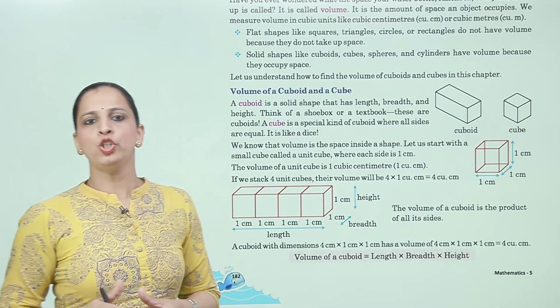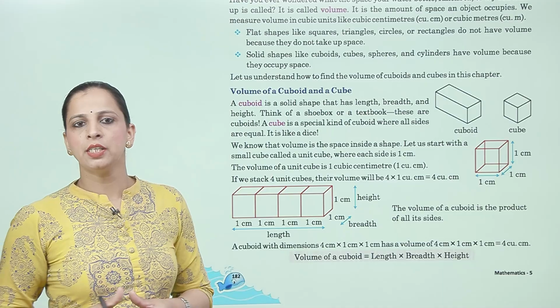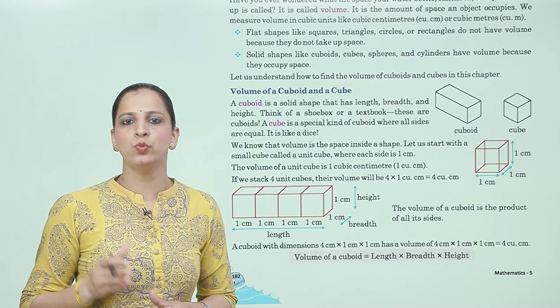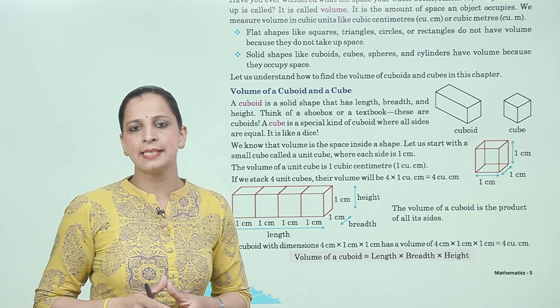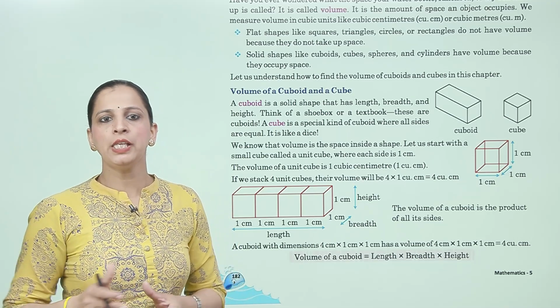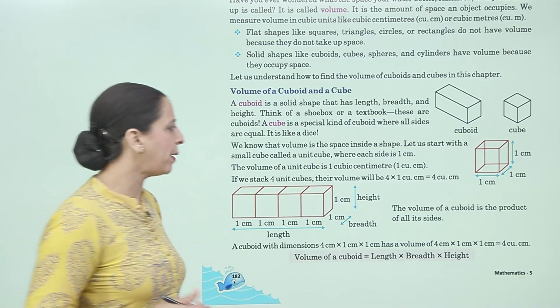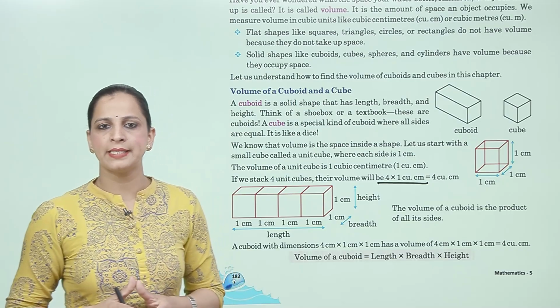We know that volume is the space inside a shape. Let us start with a small cube called a unit cube where each side is 1 centimeter. The volume of a unit cube is 1 cubic centimeter. If we stack 4 unit cubes, their volume will be 4 multiplied by 1 cubic centimeter, that is equals to 4 cubic centimeter.